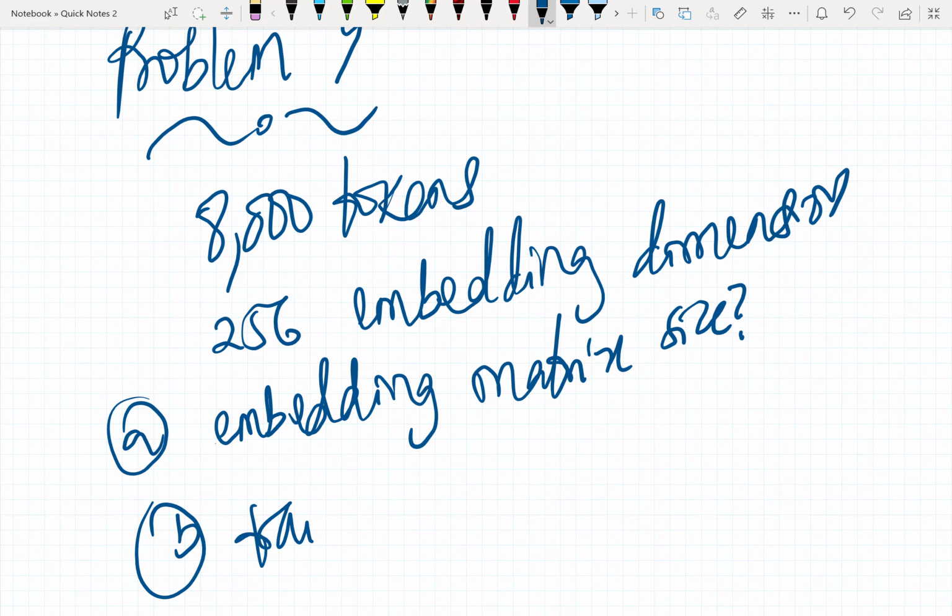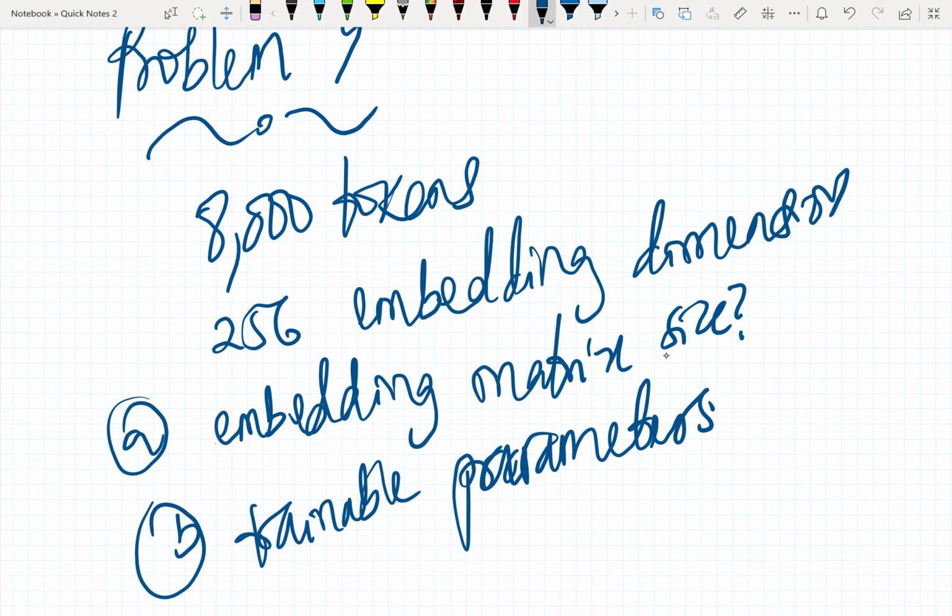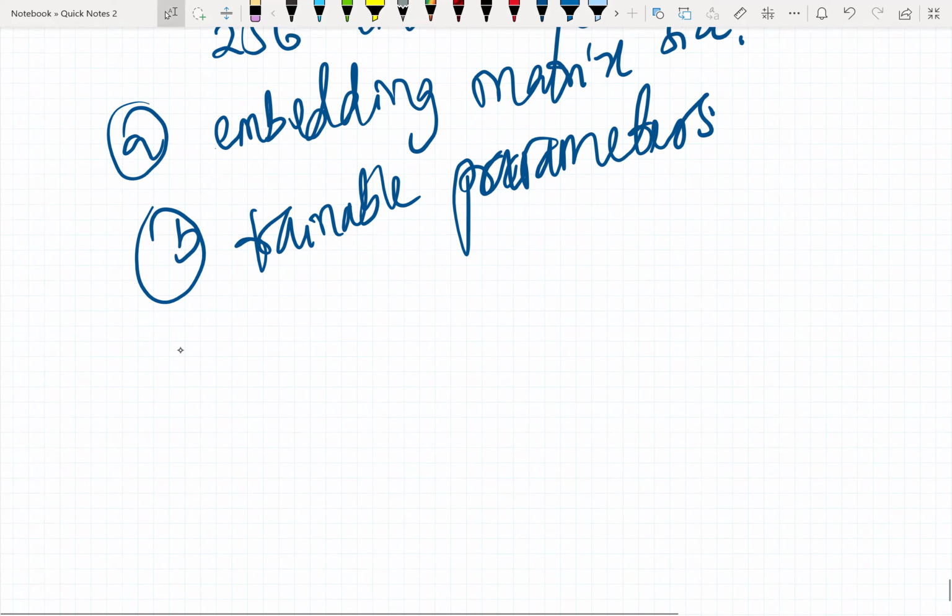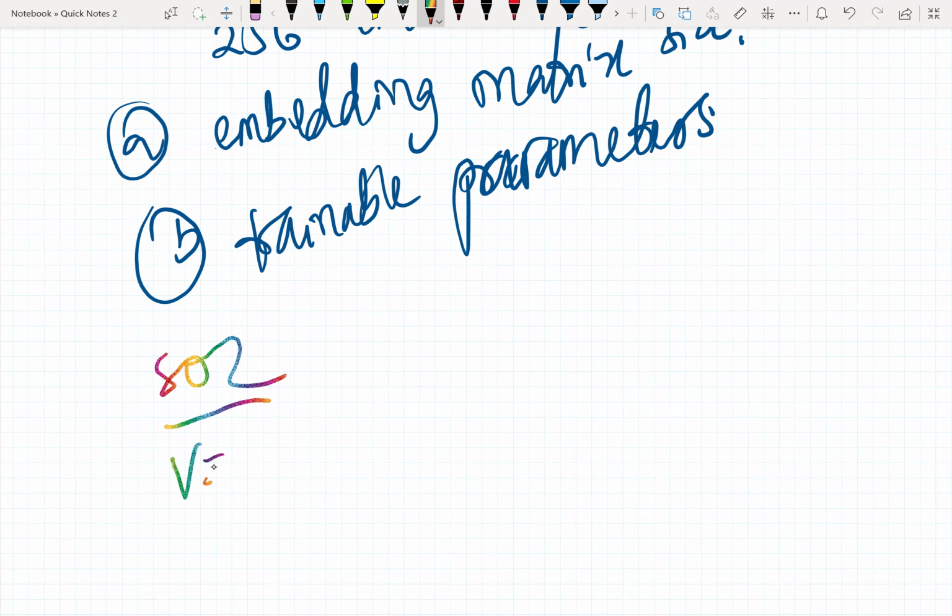So, trainable parameters, let me just shorten it this way. That's all we need here. So I'll quickly go for the solution. The vocabulary size is 8,000, like we already know. Then the embedding dimension, D, is 256.